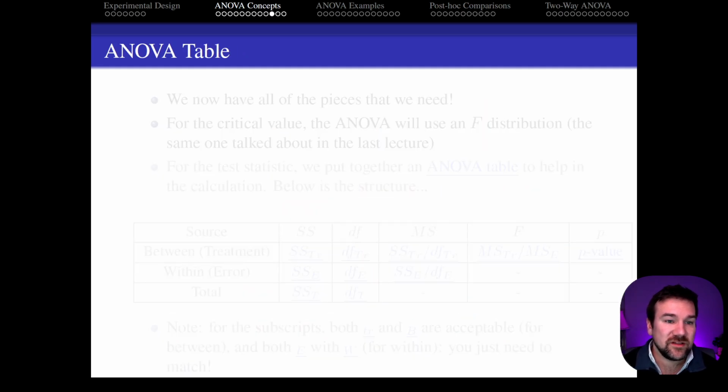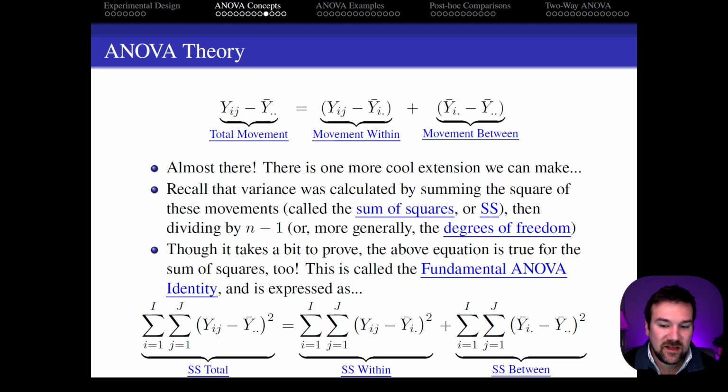And this is a really, really big piece. We have it here. This is called the fundamental ANOVA identity. And this is what forms the foundation of how we calculate the analysis of variance. When you see sum of squares, think that this is a component of our variance. So these are the variance component terms.